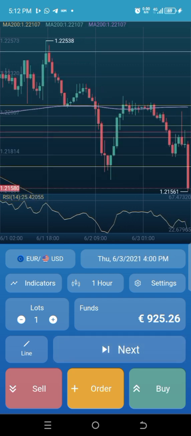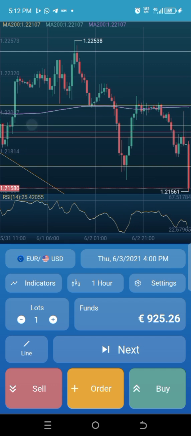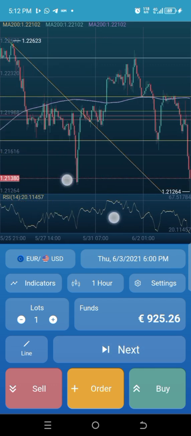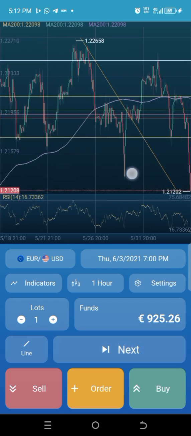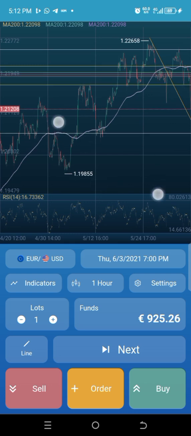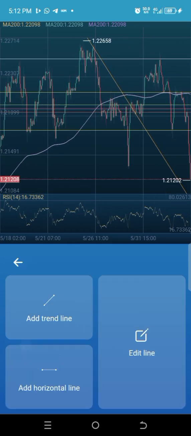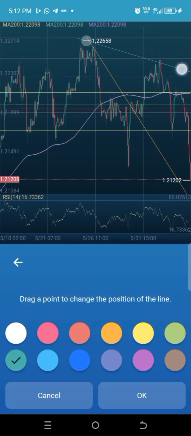Not yet. Price is continuing down. Still one more trade to go. Okay, it has left this area. So I'm just going to draw a better trend line again. Probably that was not a very good trend line.